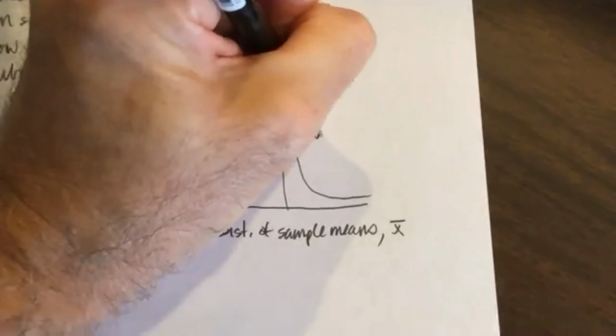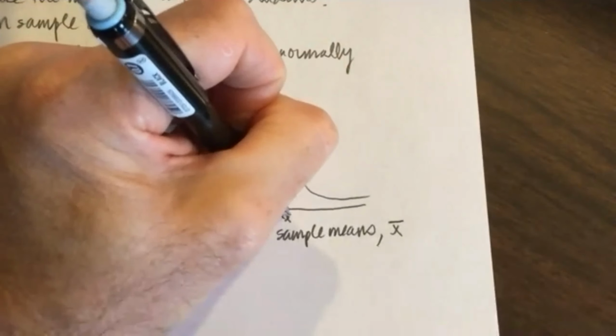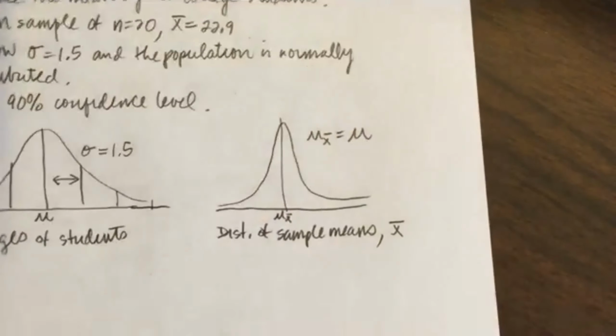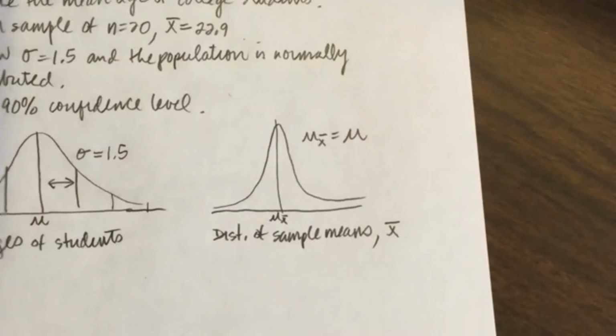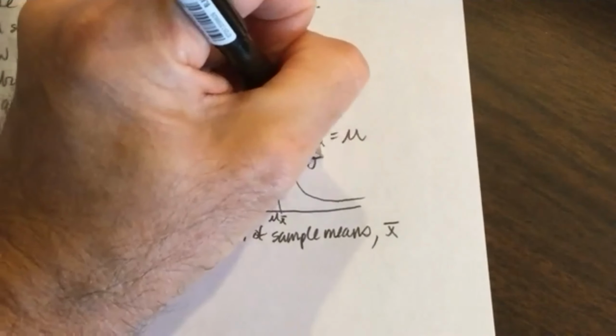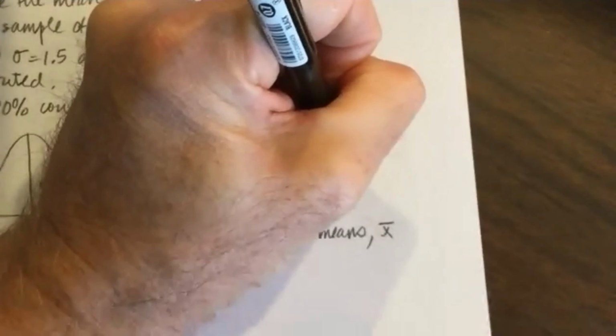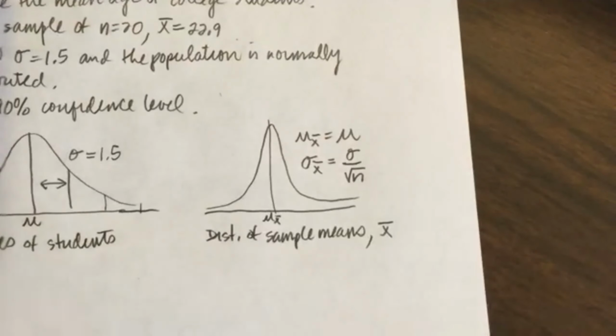The mean of the sample means is going to be centered at the mean. In other words, the average of all the averages is going to be the average. But the standard deviation of the distribution of sample means is going to be the standard deviation of the population divided by the square root of the sample size. Basically, this says as the sample gets bigger, our estimate gets better, because there's less spread.